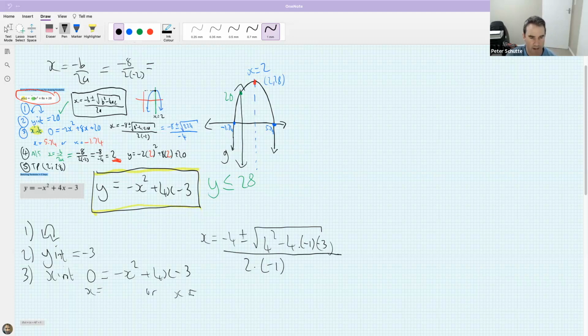So what are my x's going to be? Do we agree? Who else gets x values of 1 and 3? Yeah, Linda and Ongani agree. Anyone else agree? So I think x is 1 or x is 3 is the x-intercept.